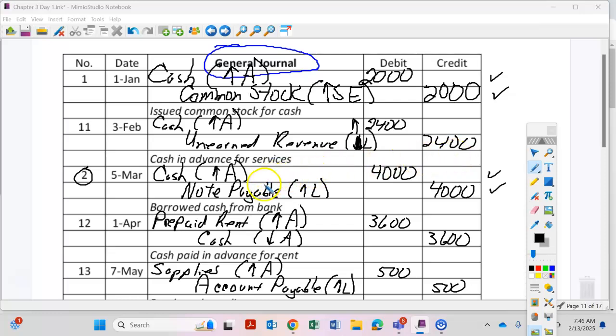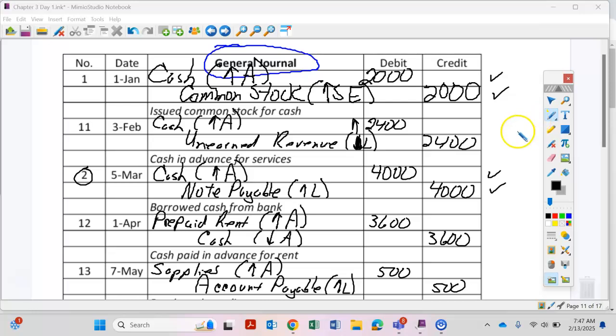March 5th, cash came in, note payable went up, so we borrowed money, didn't we, from the bank. April 1, prepaid rent went up, cash went out, so we paid in advance for rent. So et cetera, et cetera. So I'll let you have fun doing those.